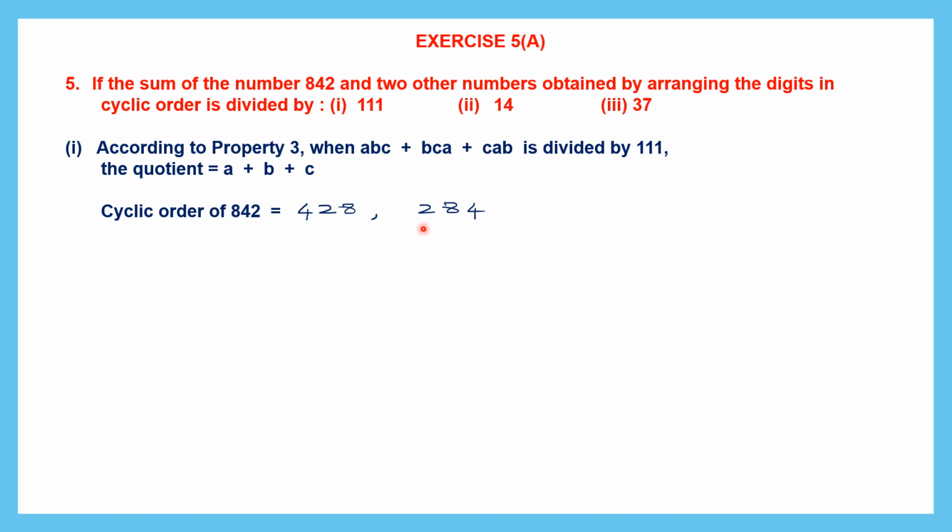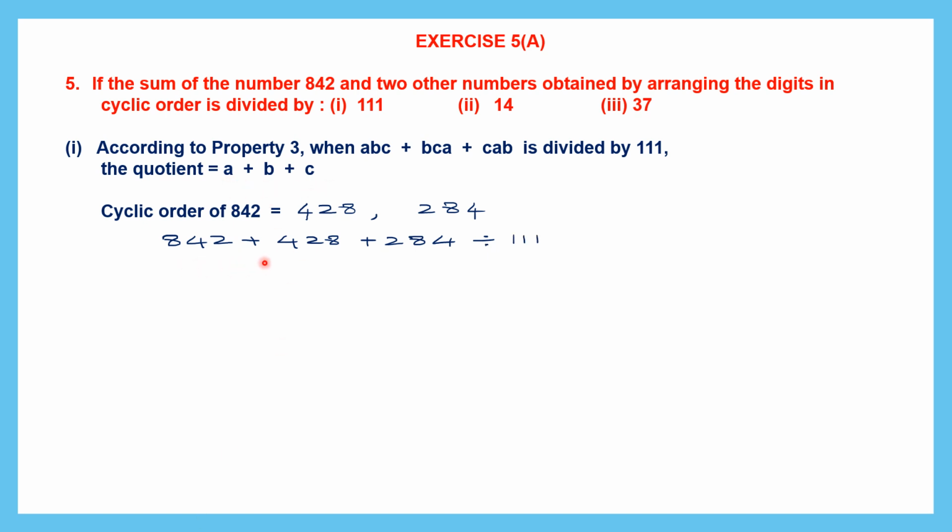Now, if we divide these numbers by 111, our quotient is simply A plus B plus C. So, if I take 842 plus 428 plus 284, then the quotient that I get when I divide this by 111, my quotient will be A plus B plus C.